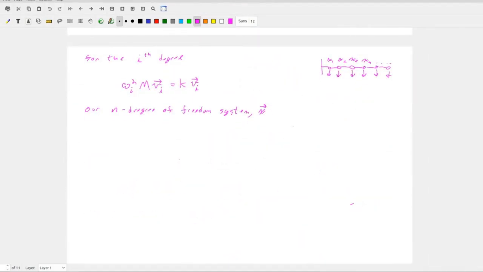Okay, we have a linear system, so we can add these together. Let's get our temporal response. So x of t, which is a vector, is equal to q1 as a function of t times eigenvector v1. Is q a scalar or a vector?